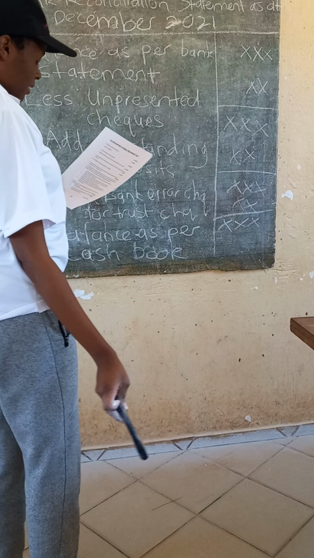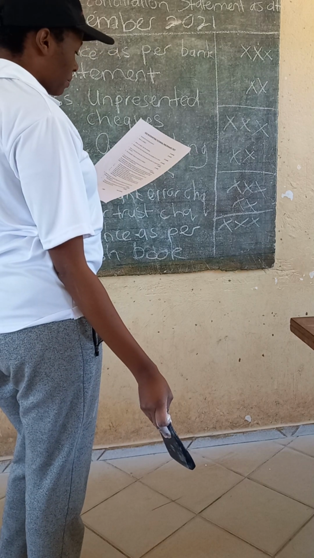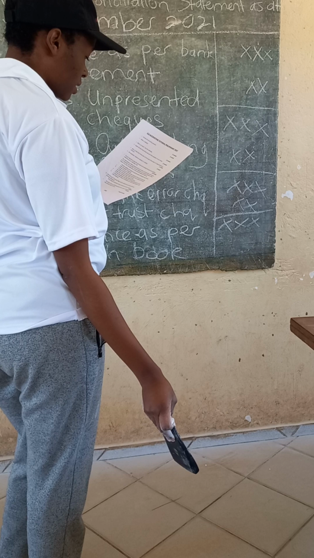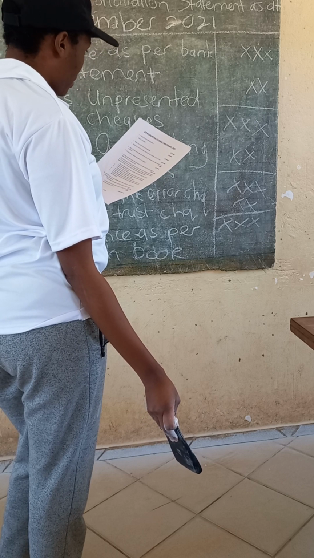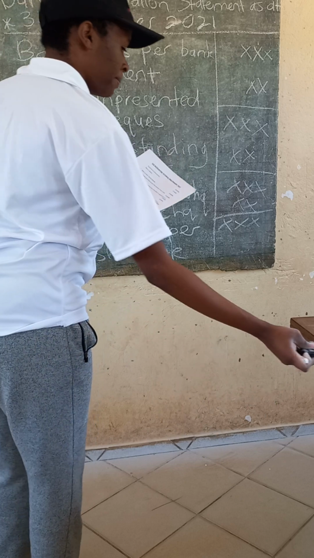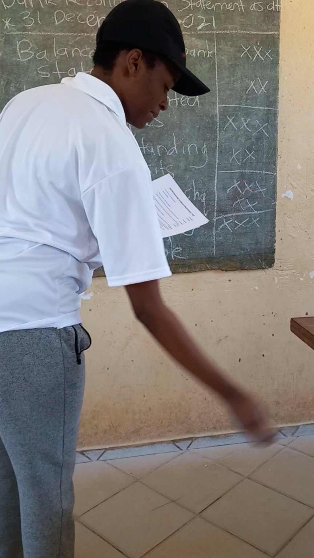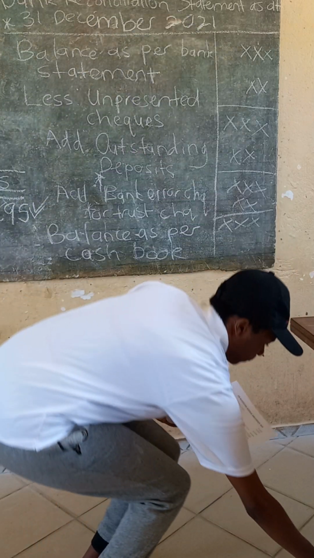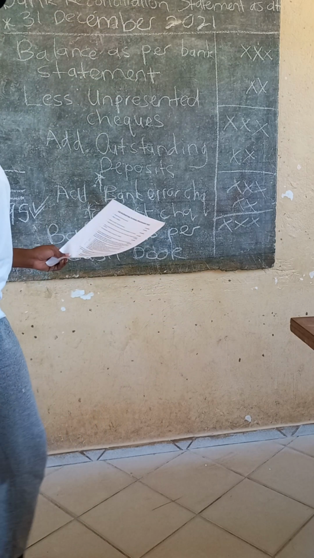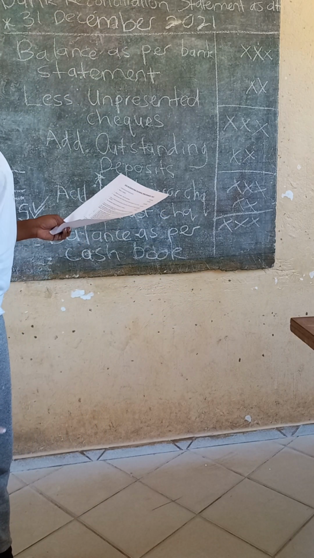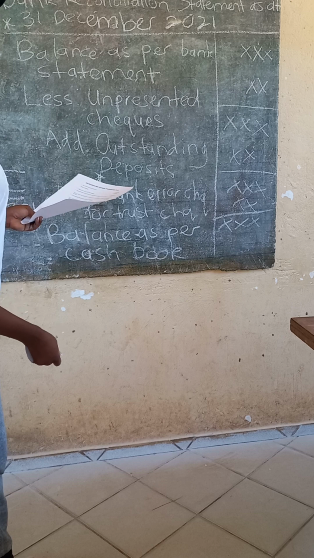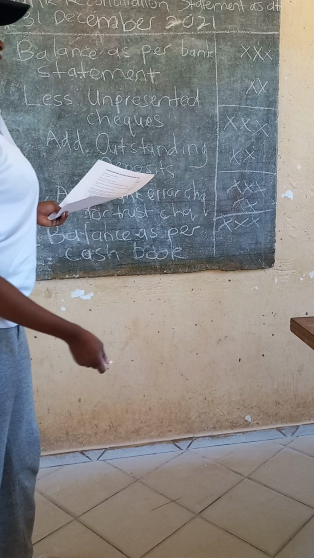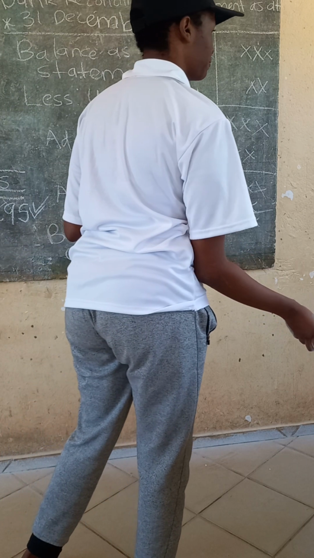And then the second statement is the bank statement as at that date reflected a debit balance of 1,650. Meaning what? Meaning that this is still a negative balance, because the bank is supposed to carry a credit balance and our cash book must carry a debit balance, but because it is a bank overdraft, that's what we're getting.